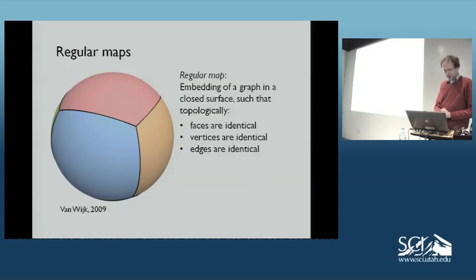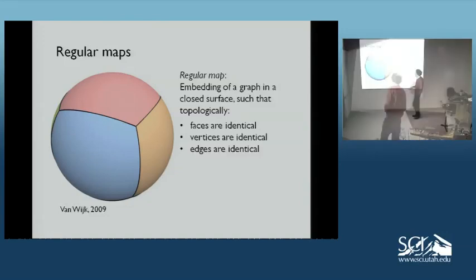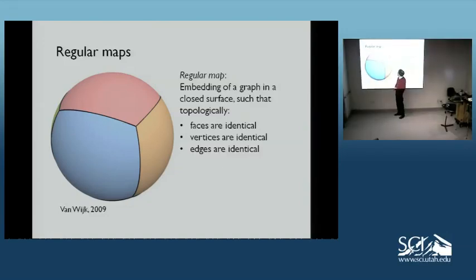So that means if I would not color everything here, and I would put you somewhere on this cube-like shape, you would not be able to tell on which edge I am, or on which vertex or which face.